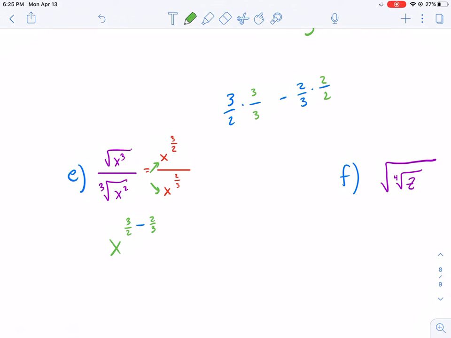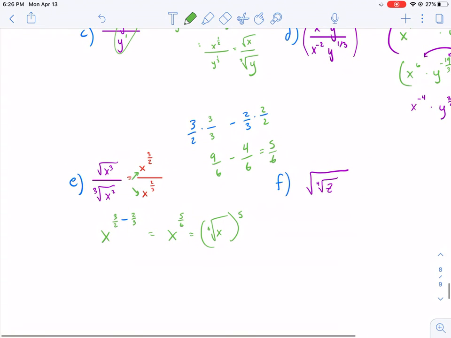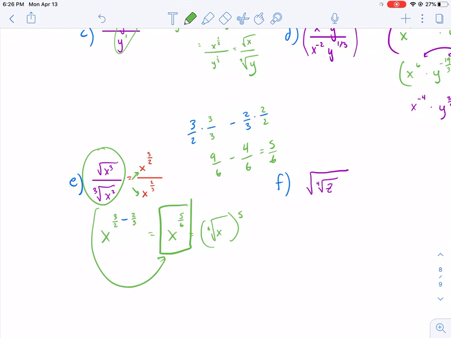So I get 9 over 6 minus 4 over 6, and that gives me 5 over 6. So this is going to be x to the 5/6 power, or the 6th root of x all raised to the 5th power. And that is another way to do this problem. But to me, that looks the best. From this to that is a big upgrade.